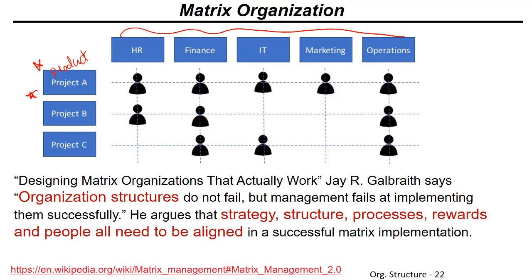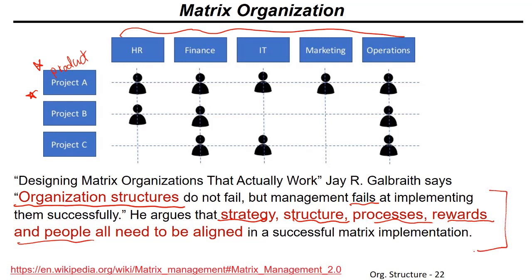And as Jay Galbraith, in his article called Designing Matrix Organizations That Actually Work, stated, the organizational structures themselves do not fail, but management fails at implementing them successfully. And he argued that strategy, structure, which means organizational structure, processes, rewards, and the people all need to be aligned for successful matrix implementation.